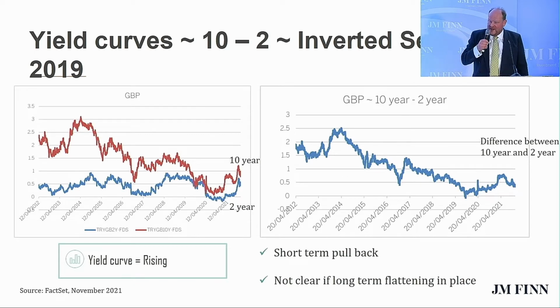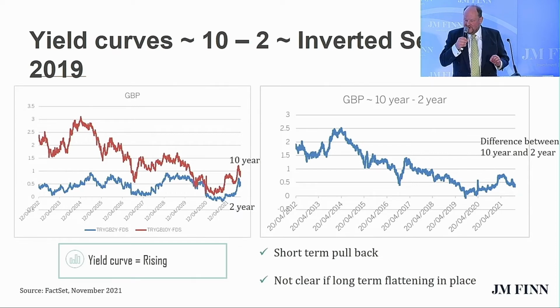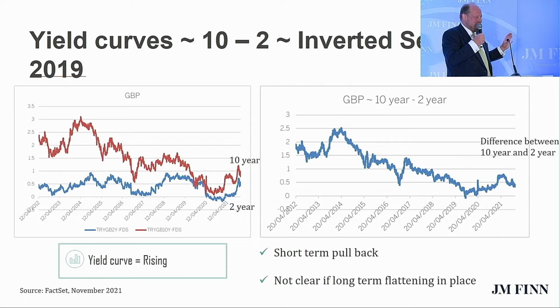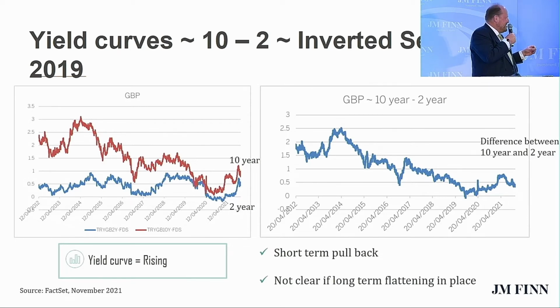What's interesting is that in September 2019, it did actually dip below zero. It inverted, and that is a textbook prediction of a recession coming your way. Nobody really knew about COVID then, so I'm not suggesting the bond market knew about COVID, but it is interesting that we got that signal in September 2019.